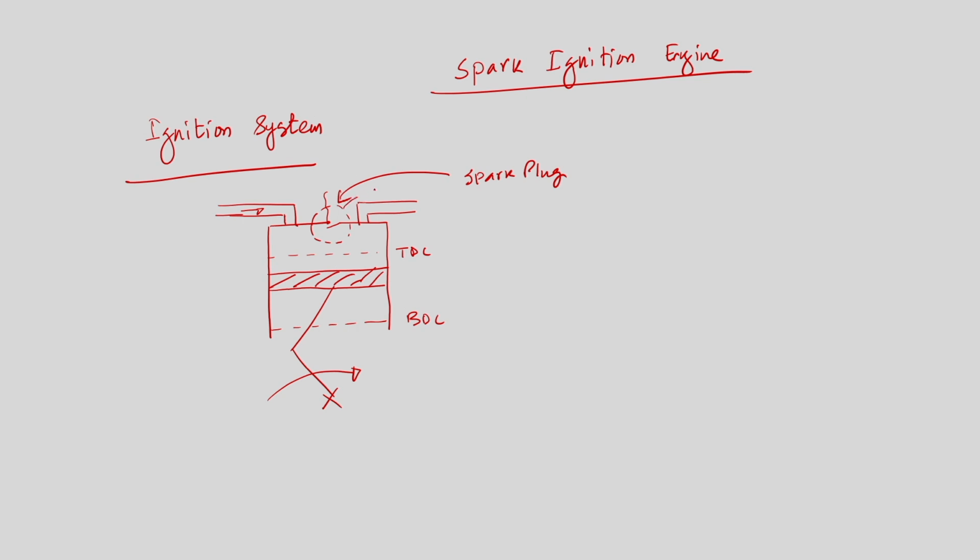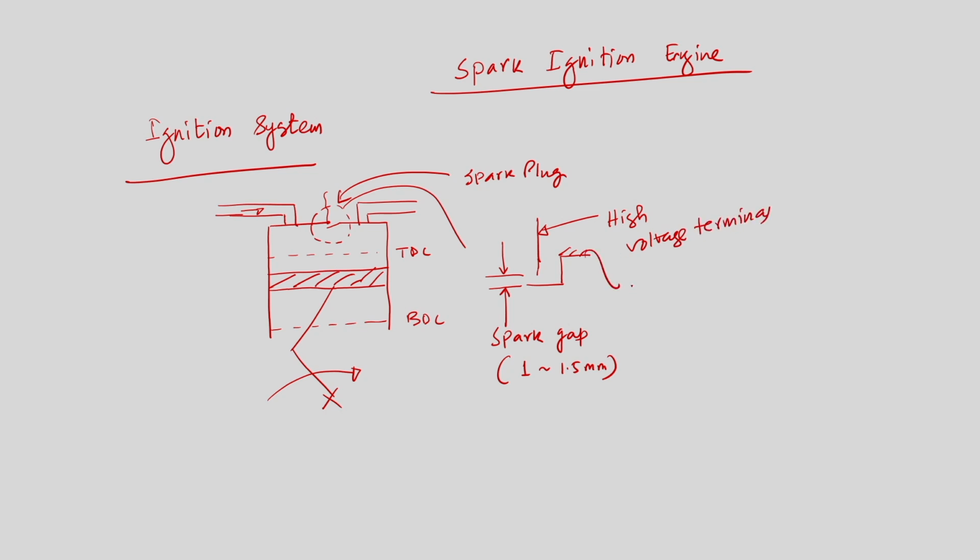Now, if I draw the zoomed-in view of this particular part, this is the spark gap, which is 1 to 1.5 millimeter, and this is the high voltage terminal, and this is the ground.